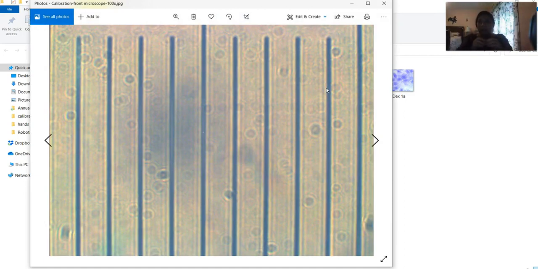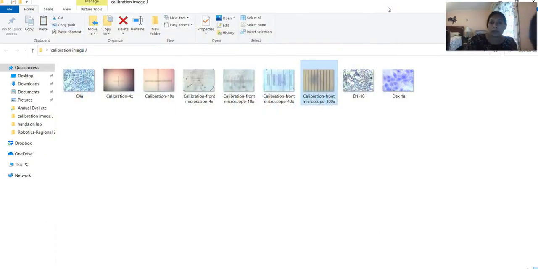You can see how each time you're seeing a more and more zoomed-in view of the stage micrometer, showing how the magnification changes the look of that image as you go up in magnification.